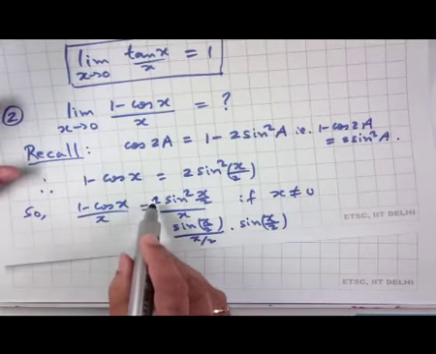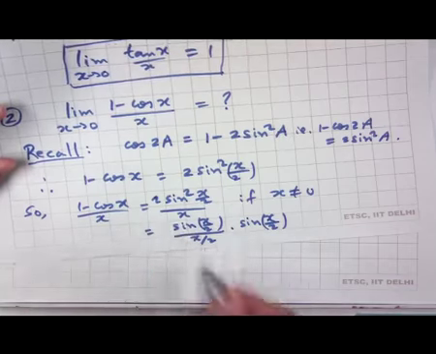I just brought this 2 in the denominator. So, I get x by 2 here.